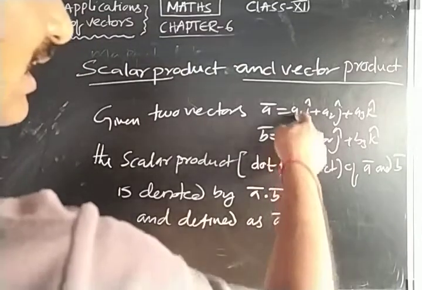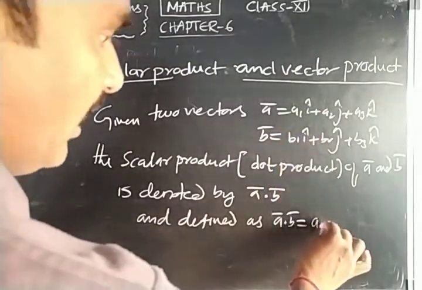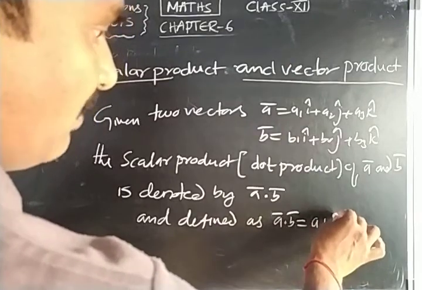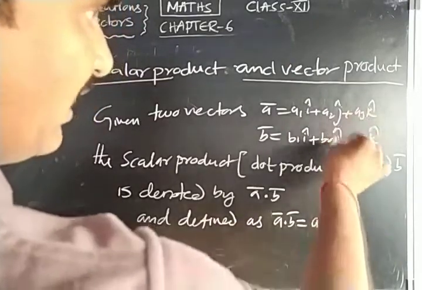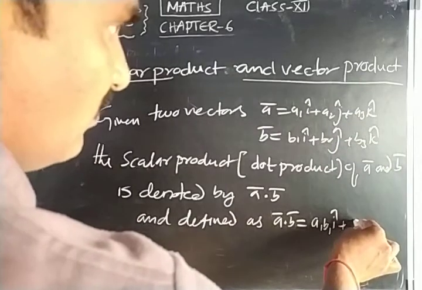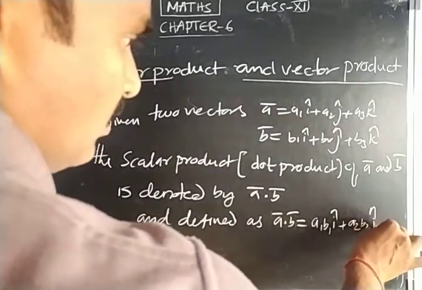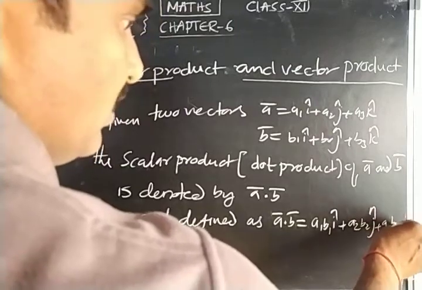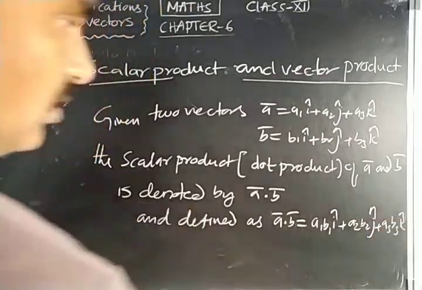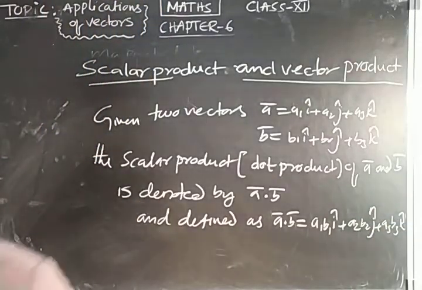By multiplying the components of i, a1 b1, and the components of j, a2 b2, plus a3 b3. So this is the definition of scalar product.